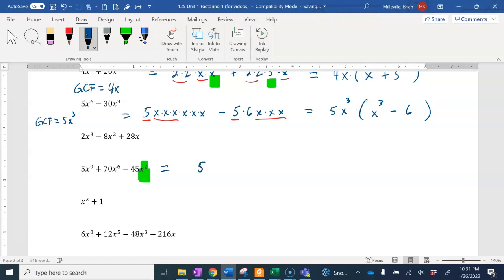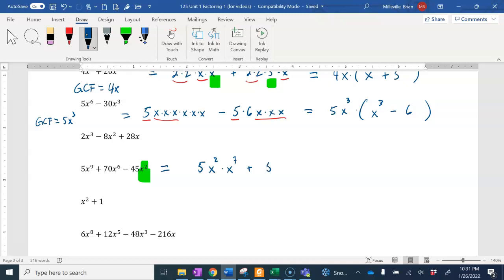So the first term we've got is 5, and then it's going to be x squared times something. Well, x squared means 2 x's, and we had 9 because we have x to the 9th, so it's going to be x to the 7th power. Plus now 70. How many times does 5 go into 70? If you need to, get a calculator out and do that division. 70 divided by 5, and you'll see it's 14.